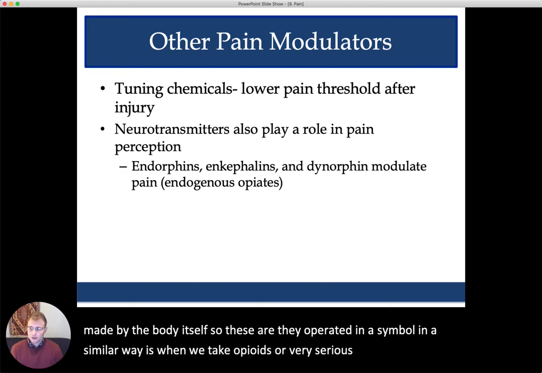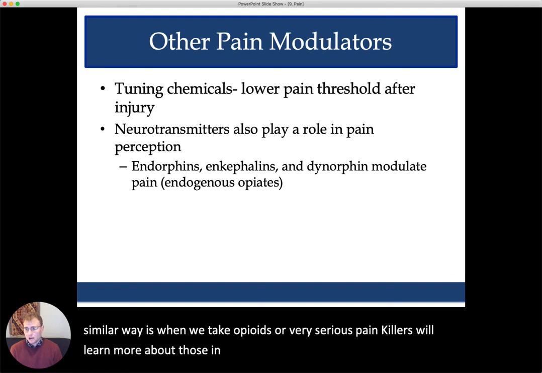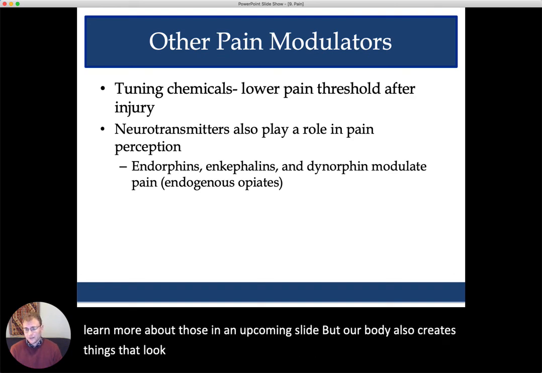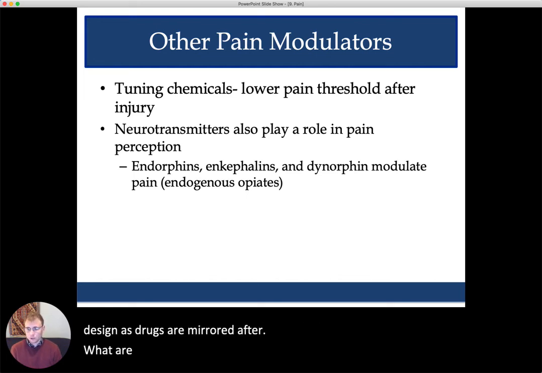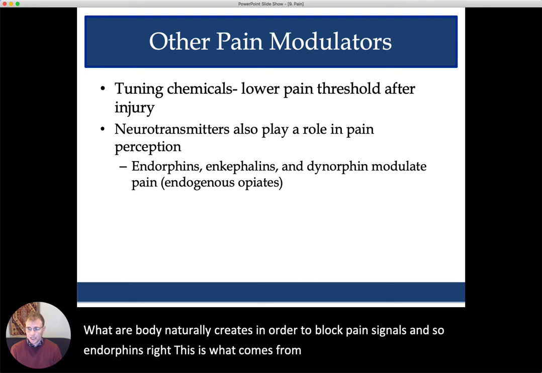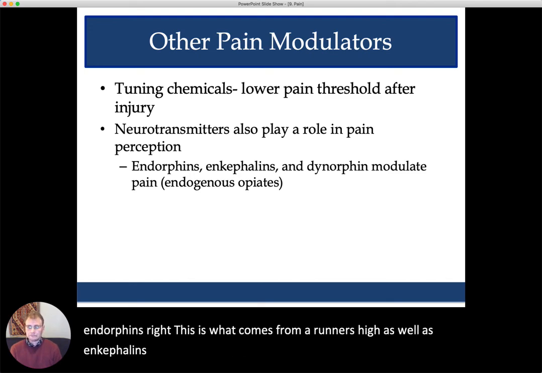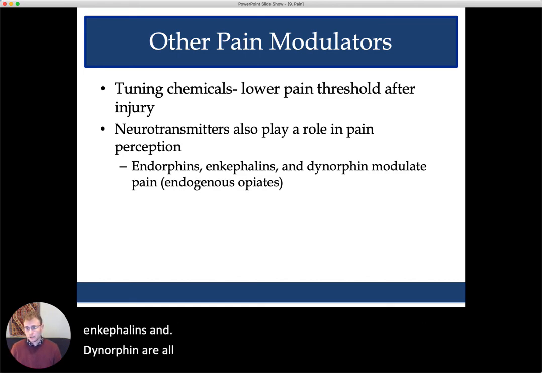We'll learn more about those in an upcoming slide. But our body also creates things that look just like this. In fact, the opioids that we design as drugs are modeled after what our body naturally creates in order to block pain signals. And so endorphins, right, this is what comes from like a runner's high, as well as enkephalins and dynorphin are all key neurotransmitters that regulate pain.